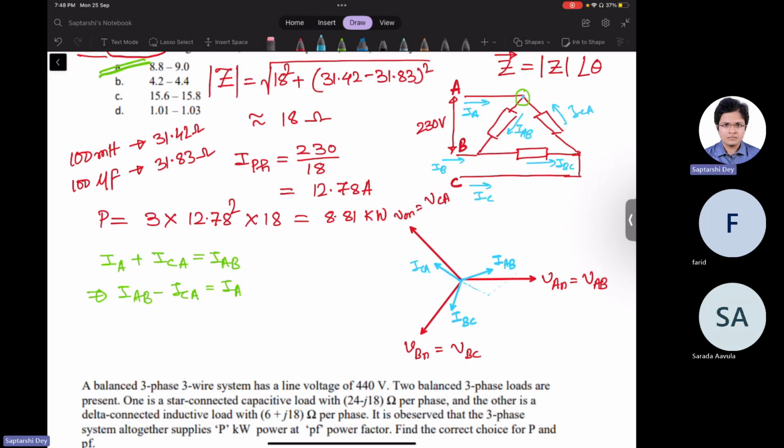I think I made a mistake. Just a second. I'm expecting it on the other side. Why is it coming on this side?